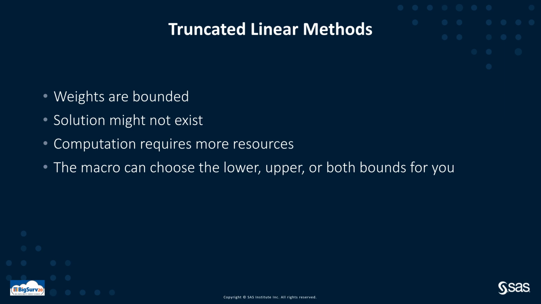However, if the lower or upper bounds are ill-chosen, for example, if the lower bound is too high or the upper bound is too low, then the solution might not exist. This process also requires more computational resources. If you're not sure about what bounds you should use, you can leave that to the macro to decide for you. The macro finds optimal bounds by minimizing the upper bound and maximizing the lower bound to avoid extreme calibration weights.